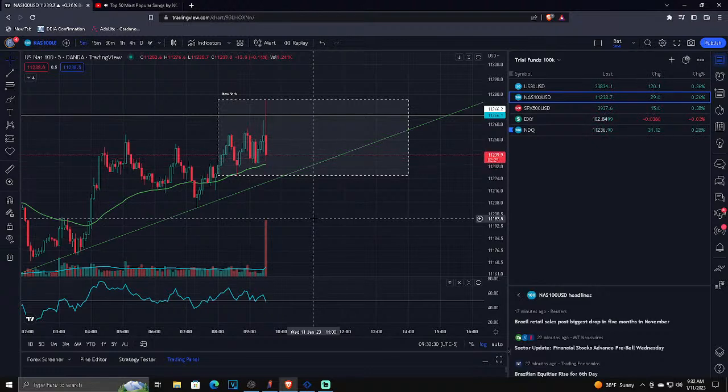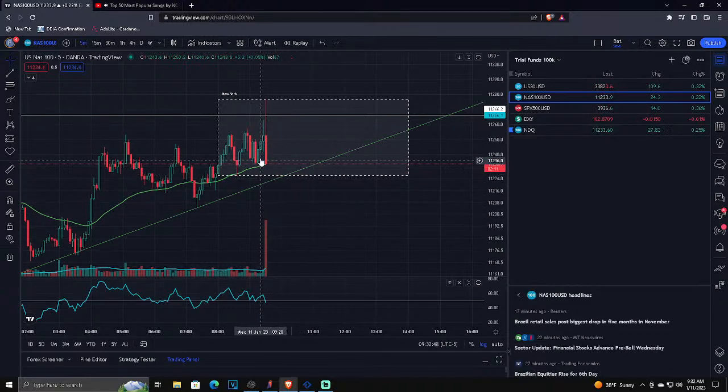I actually had to make that rule for myself to not be in a position at opening bell because of moves like this. Granted, if I had longed here and put my stop loss here, 2-to-1 would have cashed out immediately.